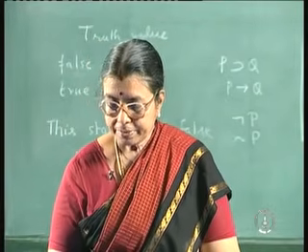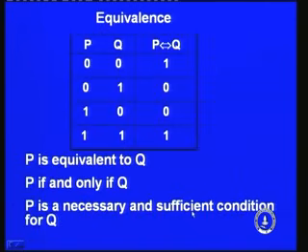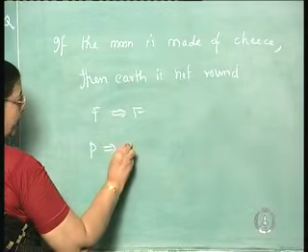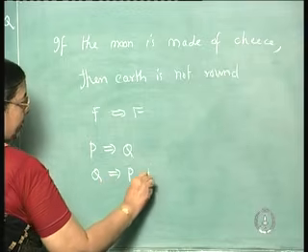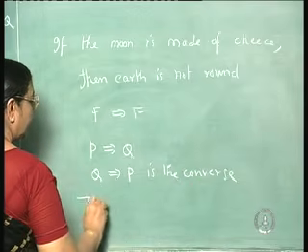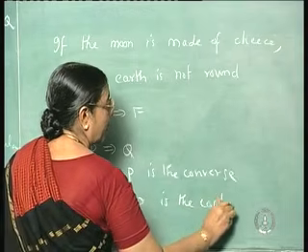But generally, the converse of a theorem is denoted as Q implies P. P implies Q is a statement, Q implies P is the converse, and not Q implies not P is called the contrapositive.